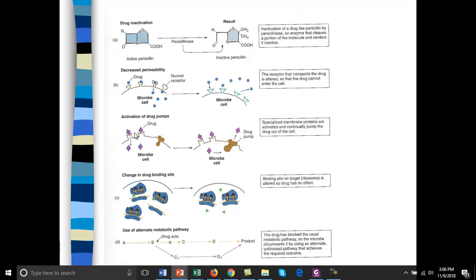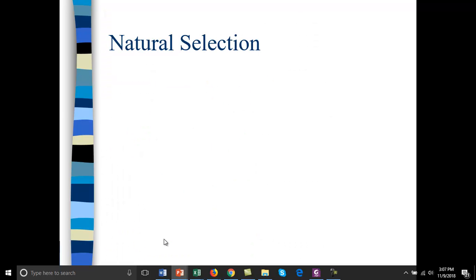You can activate drug pumps, so the drug actually comes into the cell, but there are protein pumps that will pump it out. You can change the drug's binding site so it no longer binds the ribosome, or you can create an alternative pathway to make a product. This happens a lot with folic acid synthesis. There are alternative pathways where sulfa drugs no longer are functional.